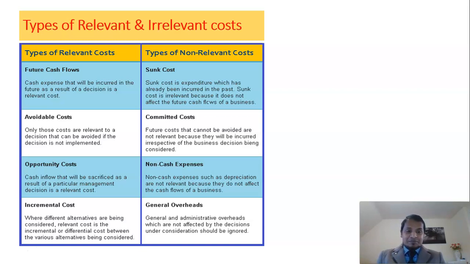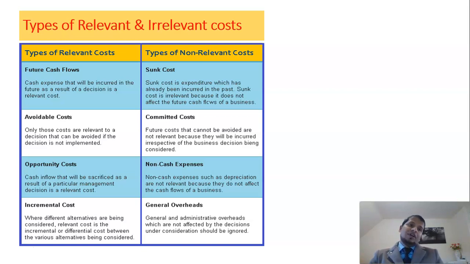If you can save some cost, if you can reduce your cost, or if the cost increases, these are relevant costs. Incremental cost means the cost which increases because of making a decision. How much are you spending now, and what will happen if you make a decision? If cost increases, or it can decrease as well. Decrease means avoidable, incremental means increase. So these are relevant costs.